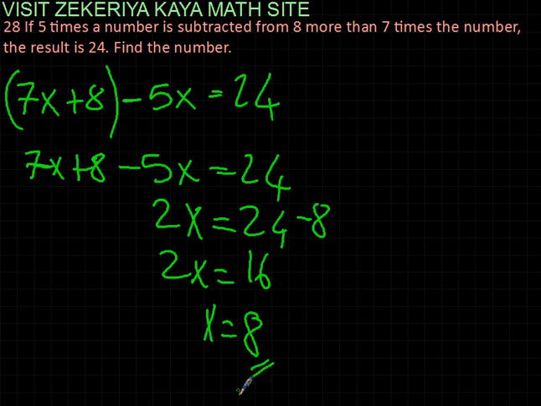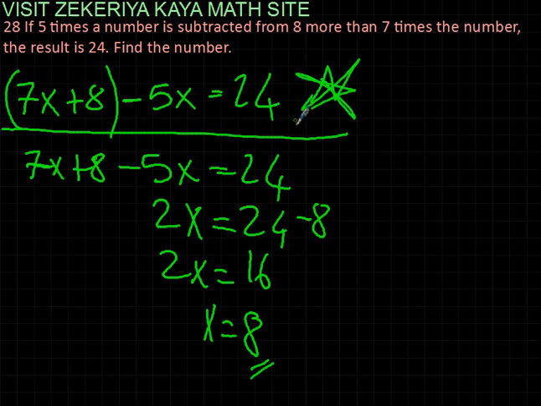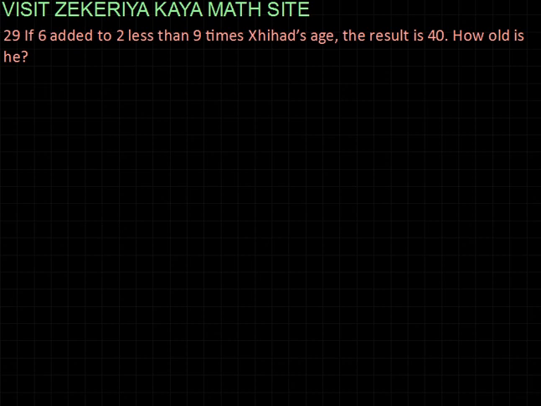Okay, the most important part is how to get this equation. That is the most important part. And then let's see the last question and finish this part. Let's choose another color. 6 added to something. We will add 6 to something.